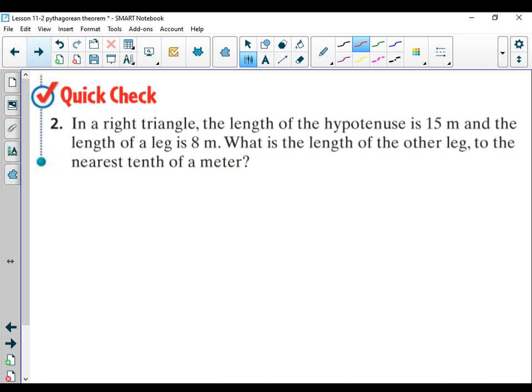Oh, Isabel drew a nice little triangle picture. Who knew drawing the picture was going to be helpful?